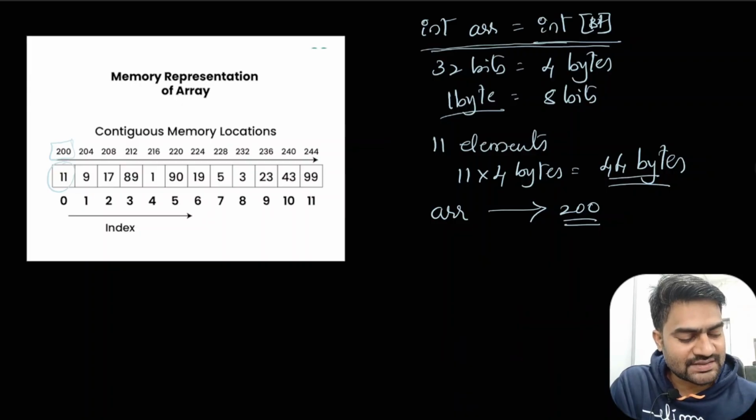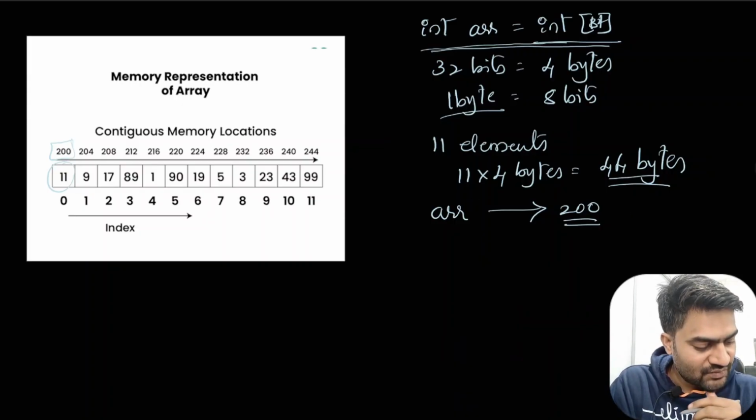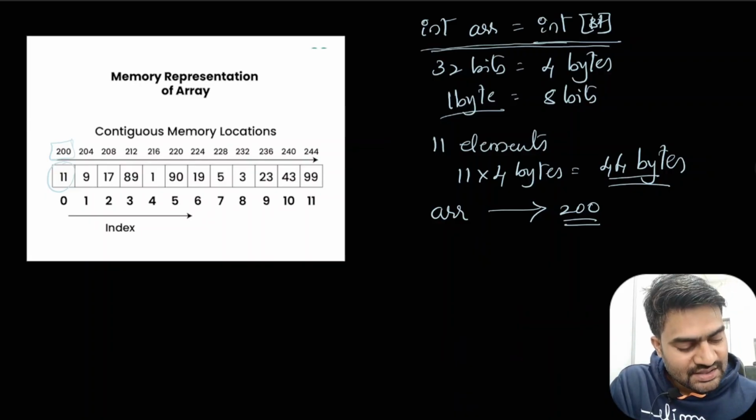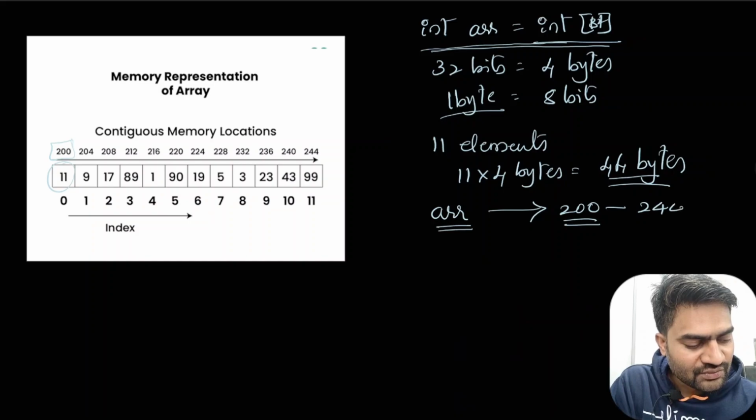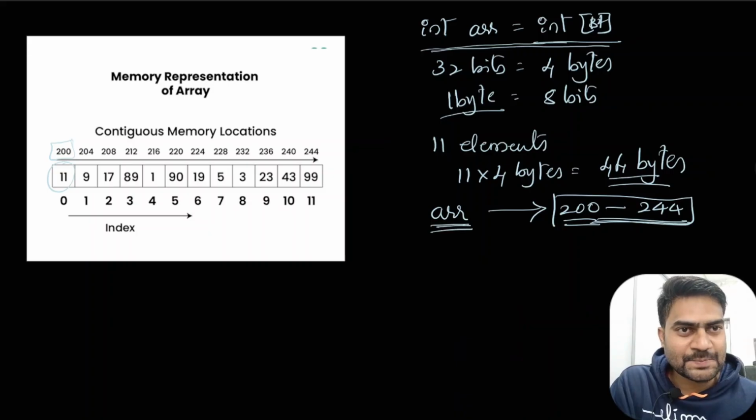It will be a hexadecimal number. Now, for the array, memory locations from 200 to 244 are allocated. So these are reserved for my array.